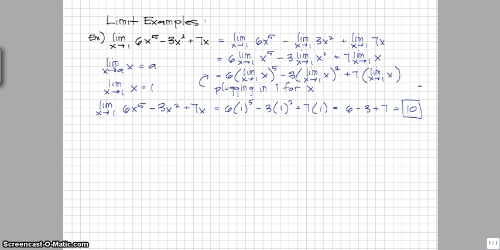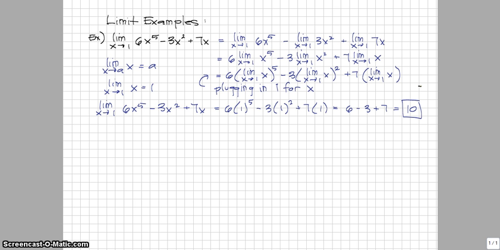So the limit, as x approaches 1, of 6x to the fifth minus 3x squared plus 7x equals 10. Because we're able to plug 1 into this specific function that we're evaluating the limit on, and get something equivalent to the value of the limit.